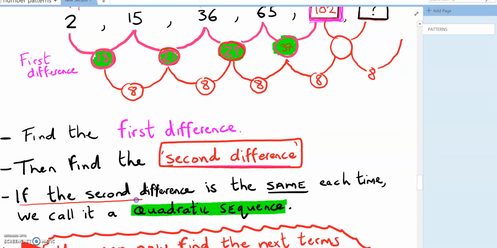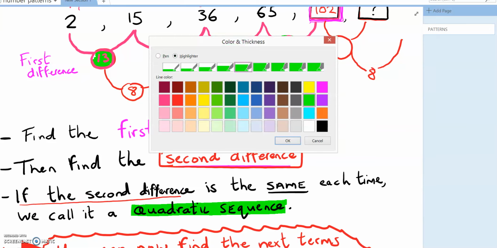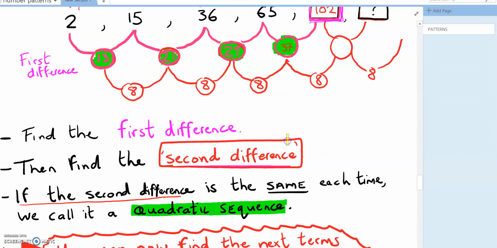Now, the second differences were these numbers that I found down here. If they are the same each time, then we call it a quadratic sequence.